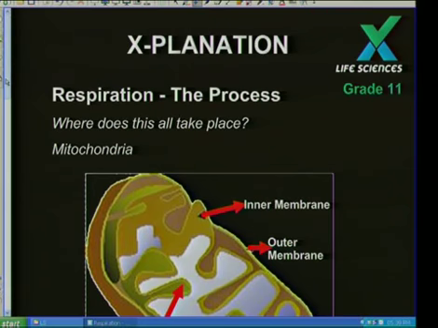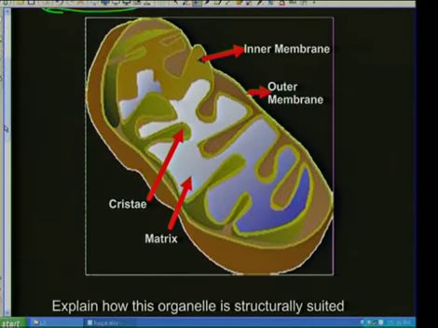Where does this process of respiration take place? Obviously, you know this by now, the mitochondria. Now we need to go into the mitochondria. Your grade 10 work coming to the fore again. If you look at the mitochondria, you'll find that it has an outer membrane, there, an outer membrane, and it has an inner membrane, and this inner membrane is folded. There you see the folds.